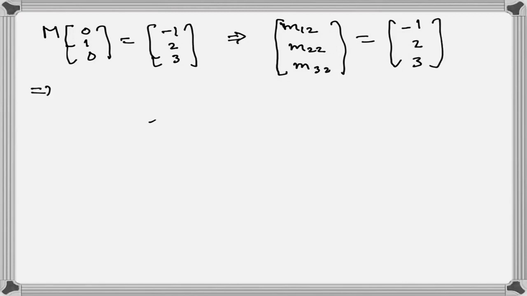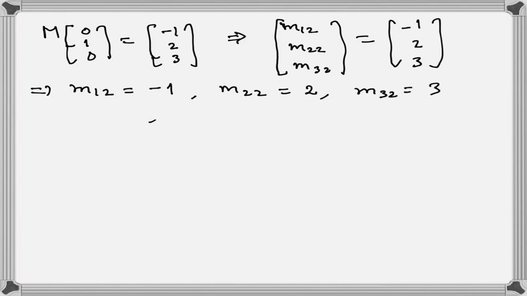This implies M12 is minus 1, M22 is 2, M32 is 3.